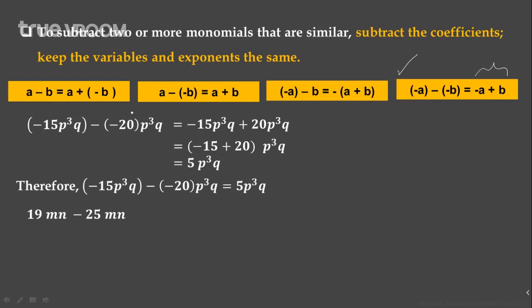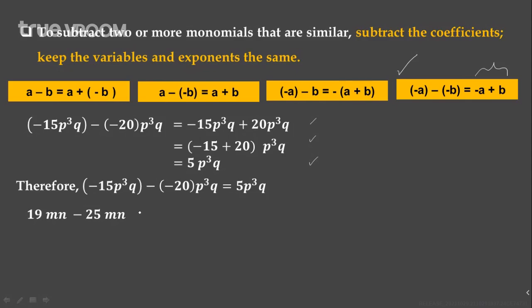You do step by step first, before your final answer. I know that you already know the answer, negative 6mn. We know, easy. But I want you to tell me the step by step.